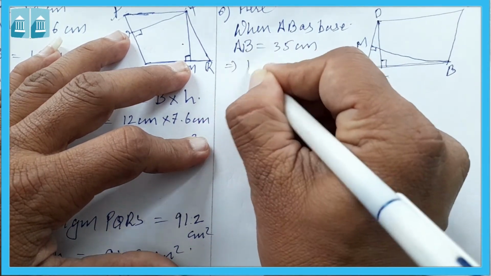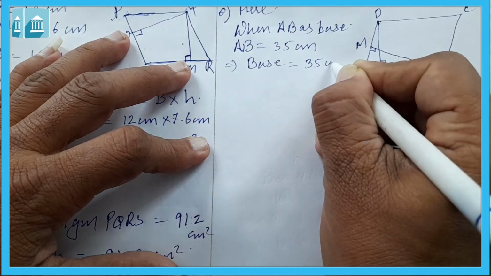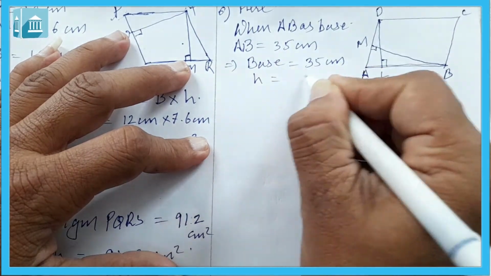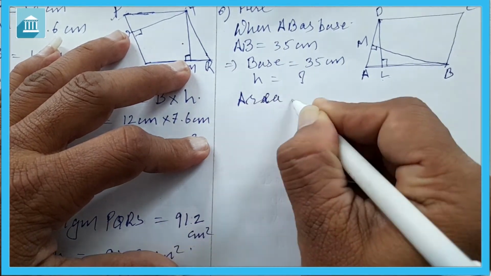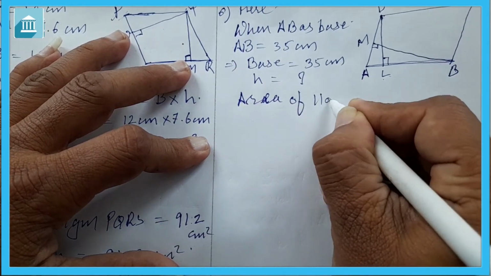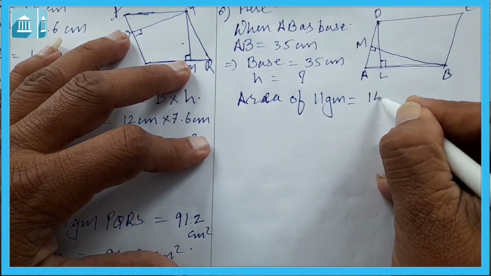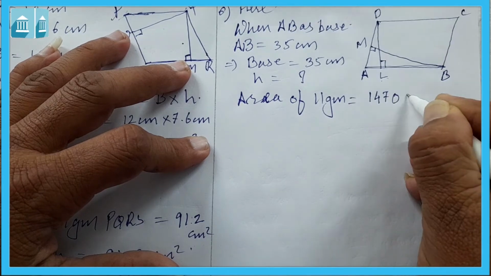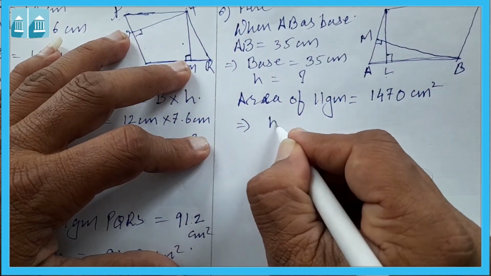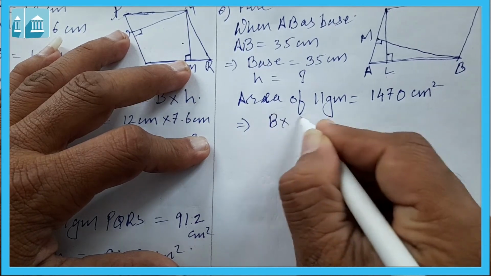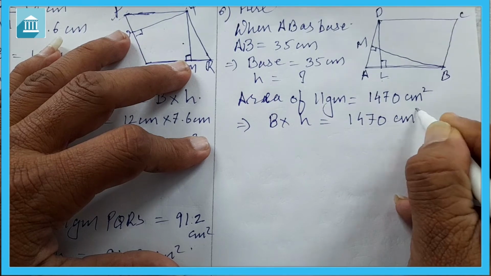So base is equal to 35 centimeter. Height we have to find out. The area of the parallelogram is already given, 1470 centimeter square. It means base into height is equal to 1470 centimeter square.